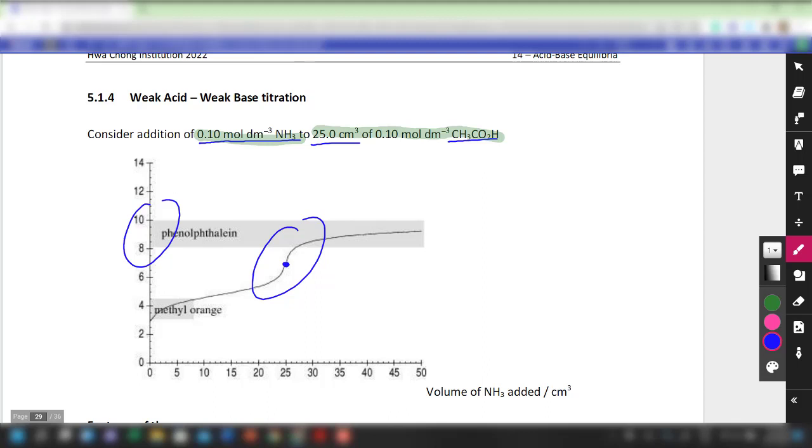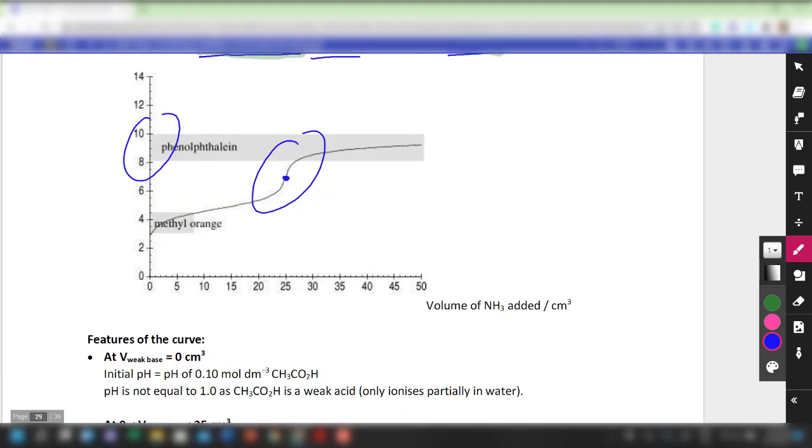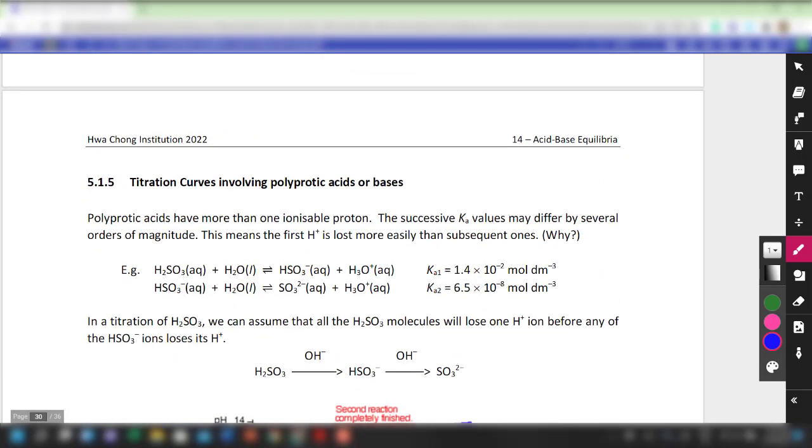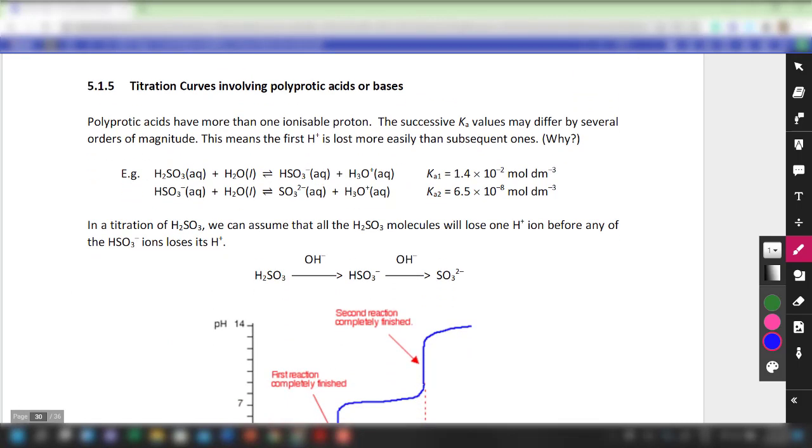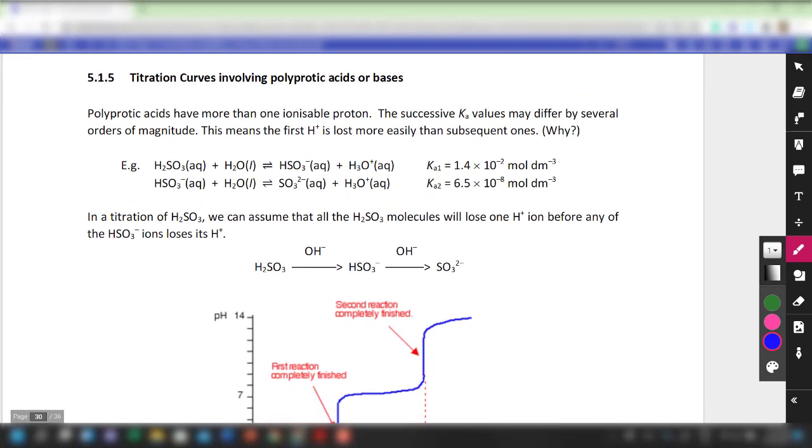So the titrant and whatever I'm reacting with the titrant buffer each other. That explains why there is no clear change in the pH as the reaction proceeds, especially at the equivalence point. Okay, then with that, we will move on to the titration curve involving polyprotic acids.